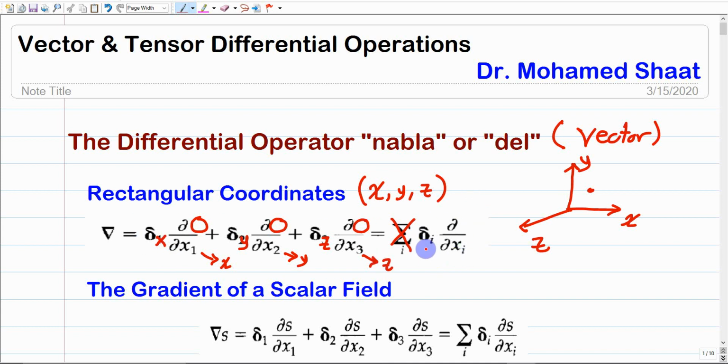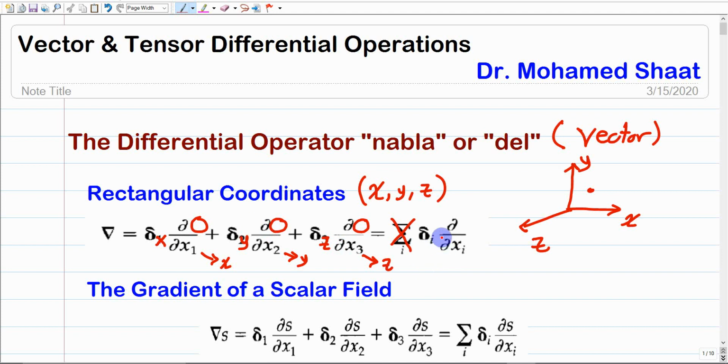It is going to be delta i. So this delta, or nabla to be more accurate, is the nabla operator or the differential operator. It is going to be the unit vector in the i direction. And we said that this i stands for x, y, z, since we're already working in rectangular coordinates.